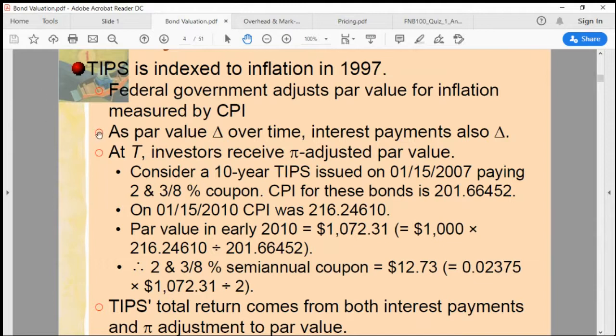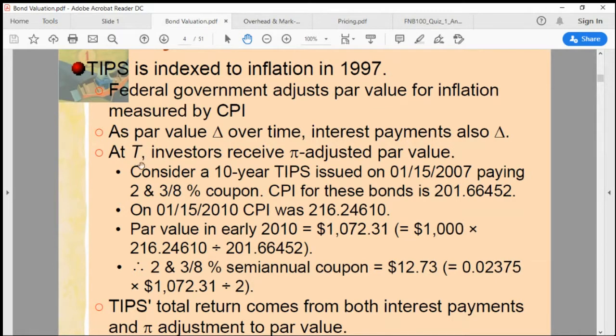So they adjust the par value by inflation measured by CPI. So it changes over time, right? Every year they will adjust the par value. Par value will adjust and change over time, so the coupon payments will also change.